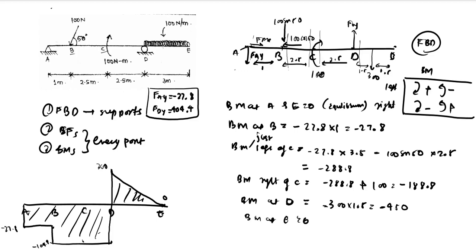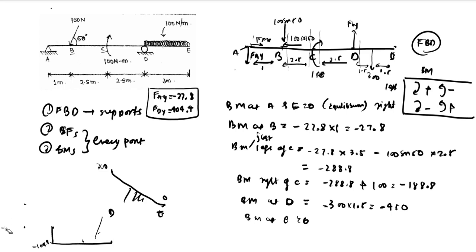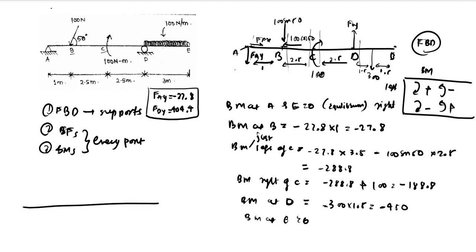So let us make the bending moment diagram, because we have bending moment at every point now. This is A, B, C, D, and E. At A we have 0.